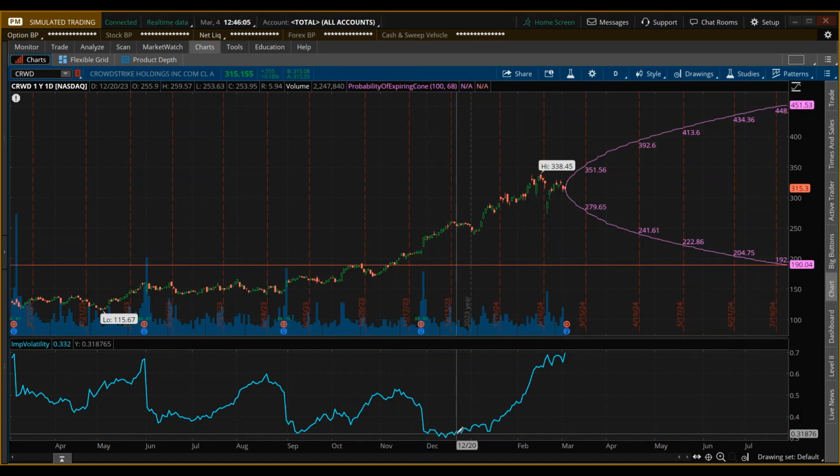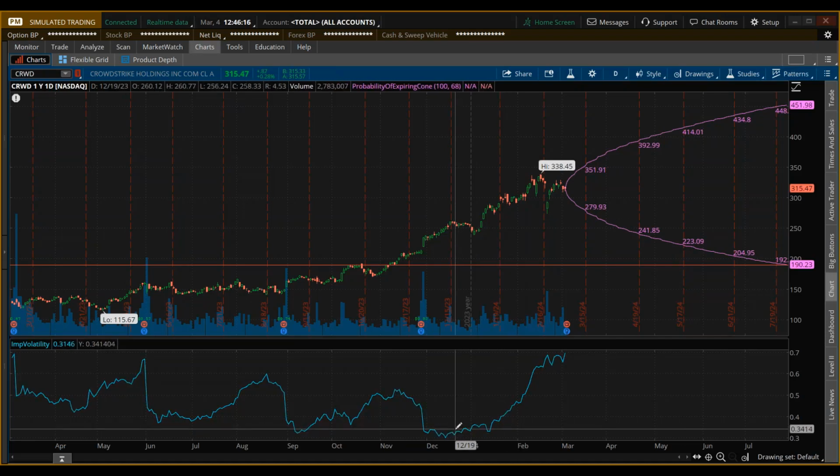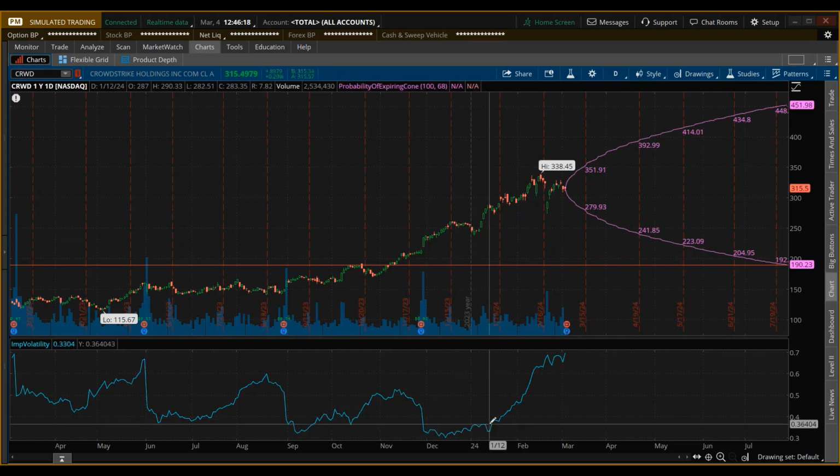So the IV doesn't build in any specific one options expiration cycle the same way that this chart illustrates. This chart illustrates IV build of multiple expiration cycles averaged through a formula. So they are different, okay?